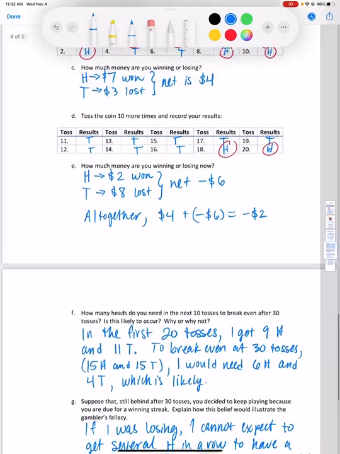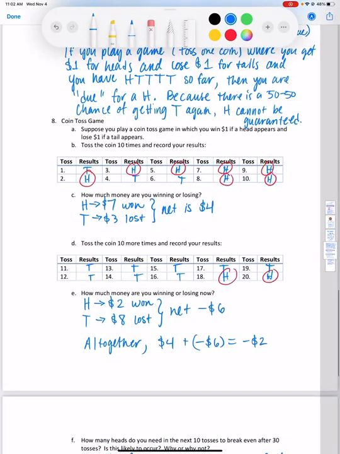Okay, look at what happened in round number 2. I was up $4. But in round number 2, I got 1, 2, 3, 4, 5, 6, 7 tails in a row. That just plummeted my totals. Oh, 8 tails in a row, sorry. 7 tails in a row, and a total of 8 tails.